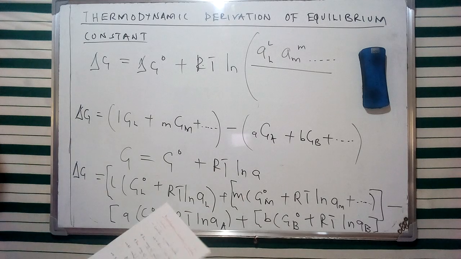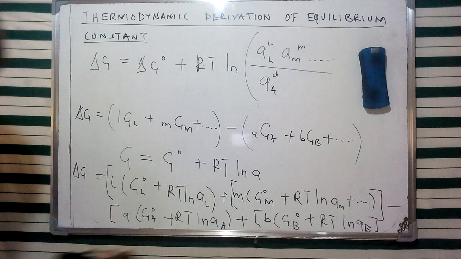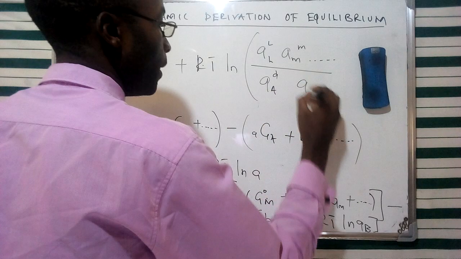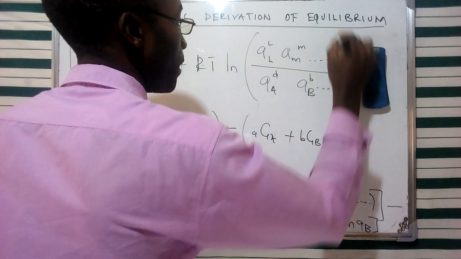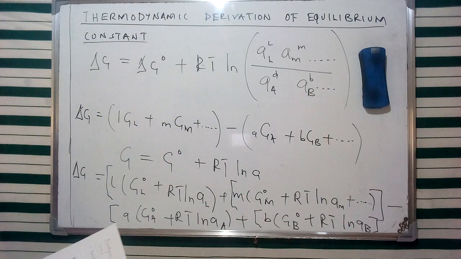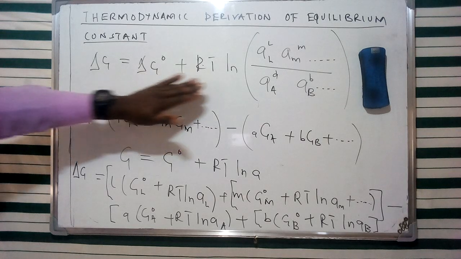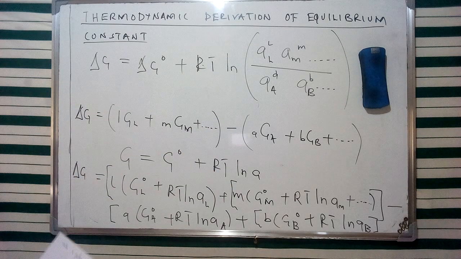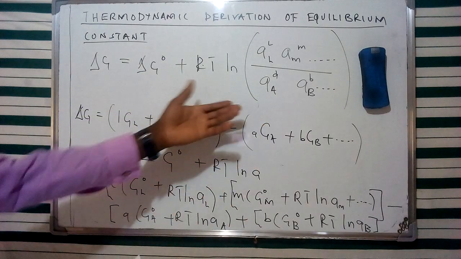So we're going to have that one given as A, and then B given as such, and other products which are going to be accompanying that. So therefore, from this derivation, we are going to see that the natural log of this specific condition is going to be represented as such.